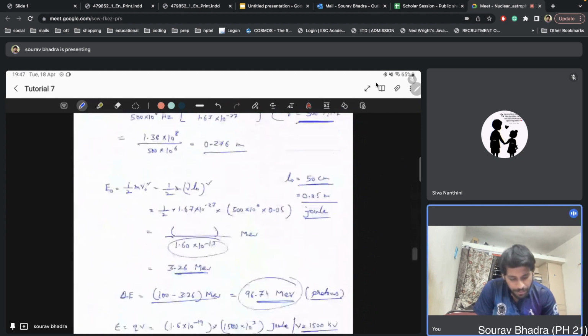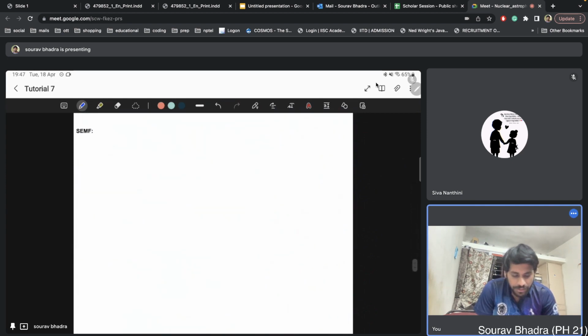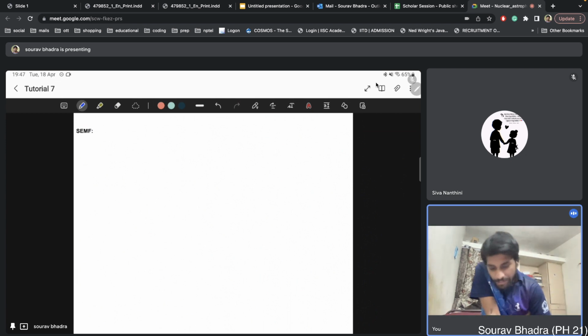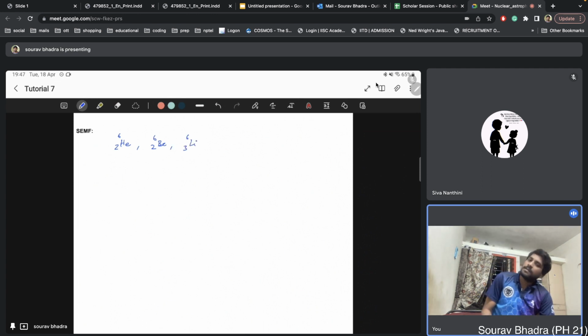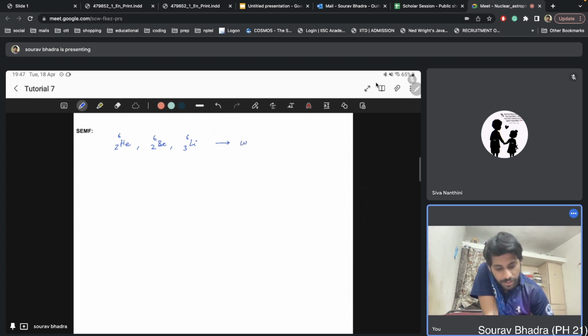Now another problem I will do, the last one, is from the semi-empirical mass formula that we have done already. It is a very nice problem. We are given 3 types of element: 2He6, 4Be6, 3Li6. The question asks which one is the most stable.